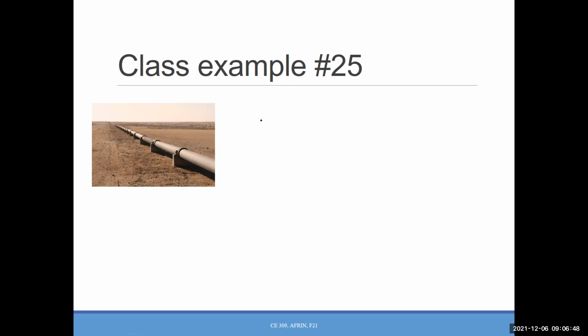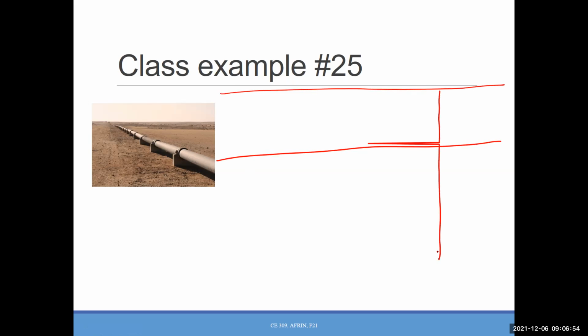Since our final objective is to get F from the Moody diagram, we need epsilon over D and the Reynolds number.